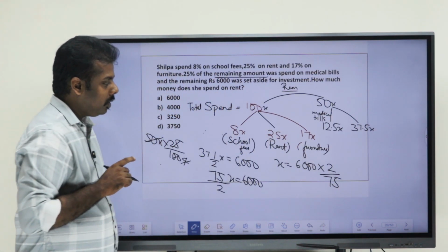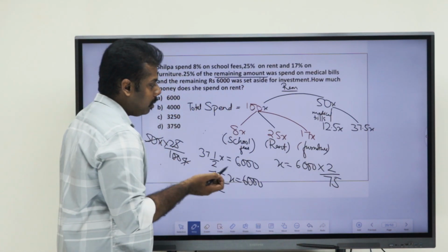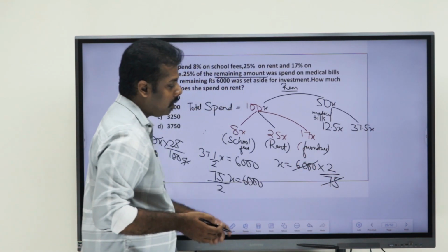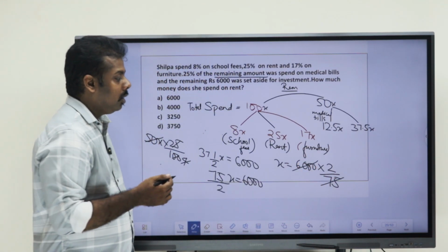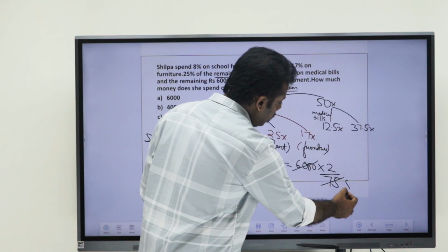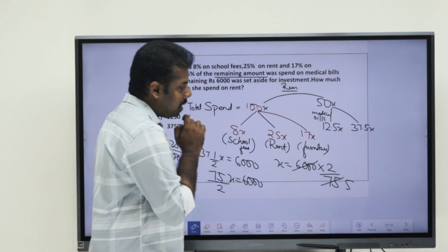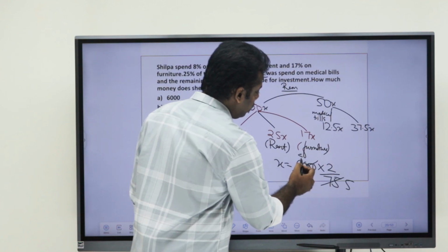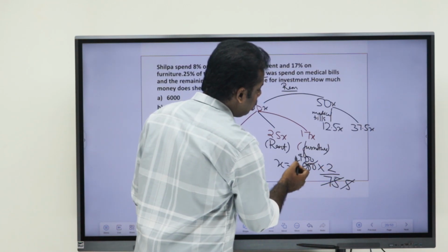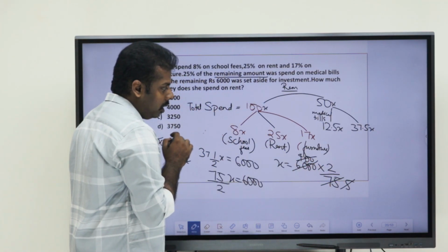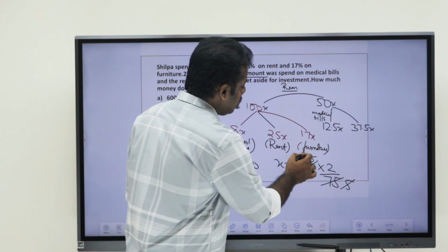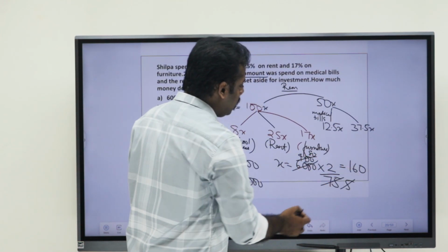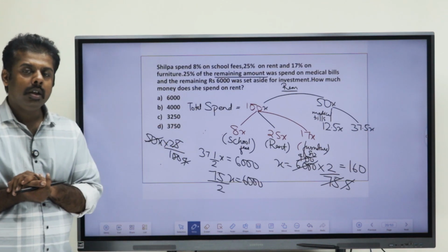Now cancelling, I'm going to cancel 75 and 6,000 with 15. 15 5s are 75. 6,000 by 15 gives us 400. Then 5 8s are 40, so 80. 80 into 2 is 160. So we have got the value of x as 160.